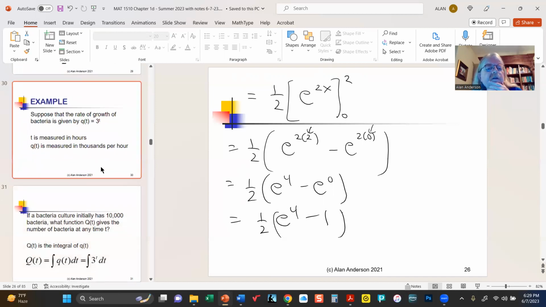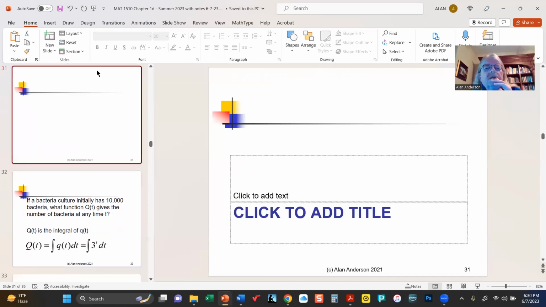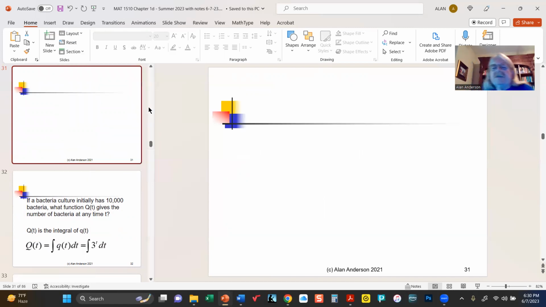All right, so now we're going to look at an interesting application of this. It's time we looked at a physical example. So you might recall from high school biology that bacteria grow at what's called an exponential rate. And so what that means then is that an exponential function has a very interesting behavior.